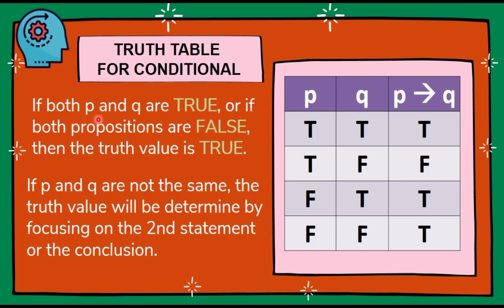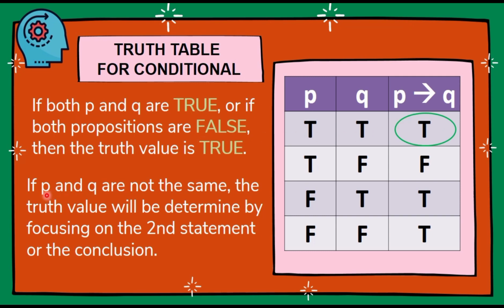Ito yung mga rules. If both P and Q are true, or if both propositions are false, then the truth value is true. So, meaning to say, we will find out if the propositions P and Q are both true or false. So, punta tayo dun sa truth table. So, true, true, it is true.